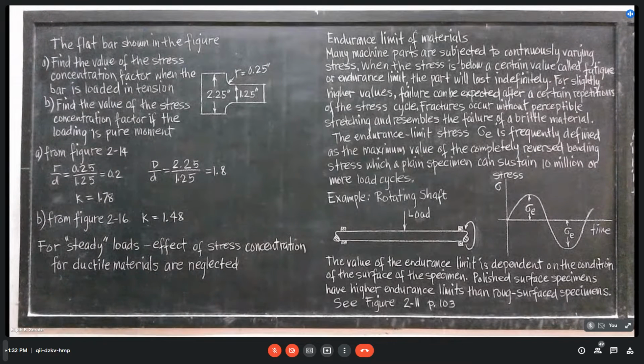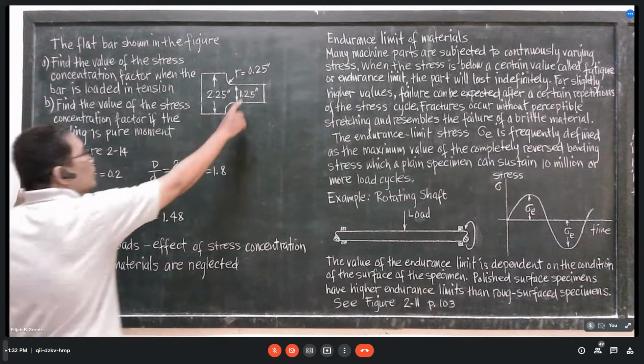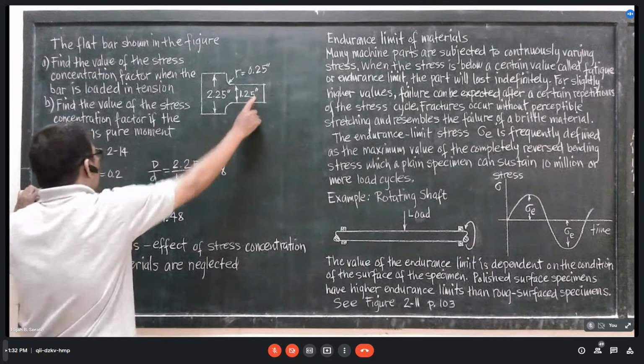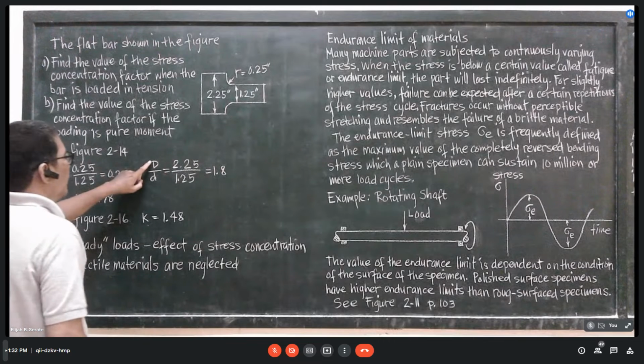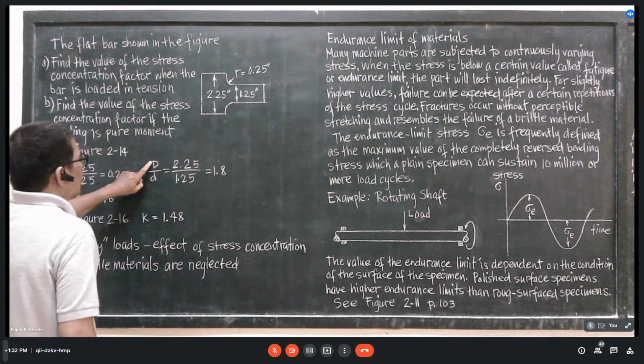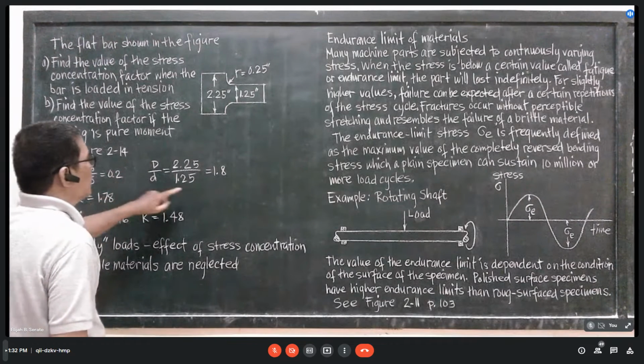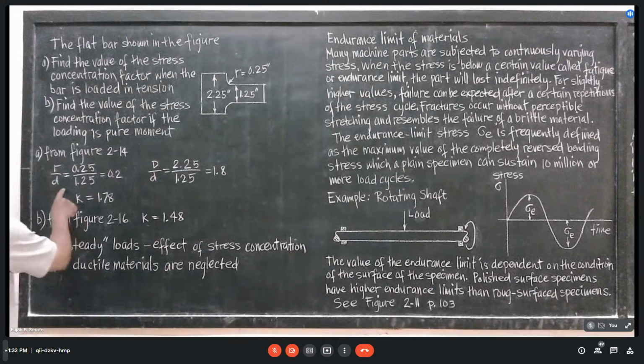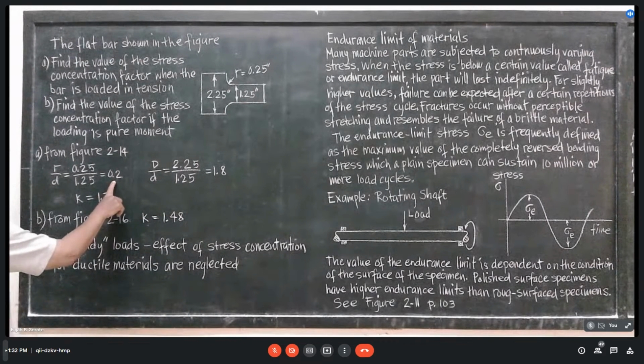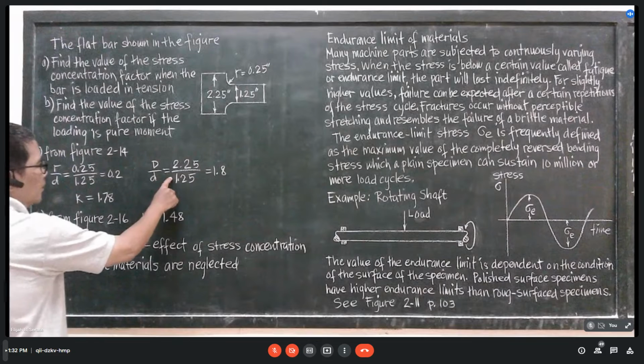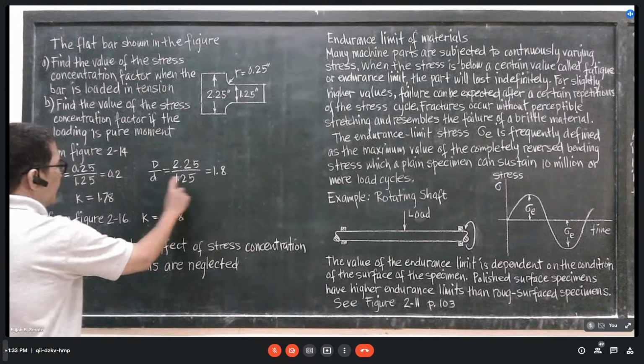And then you will notice in the figure, you need the ratio of the fillet radius over the small d, and you also need the big D over the small d ratio. So you take that ratio, this will be 0.2, and this will be 1.8.